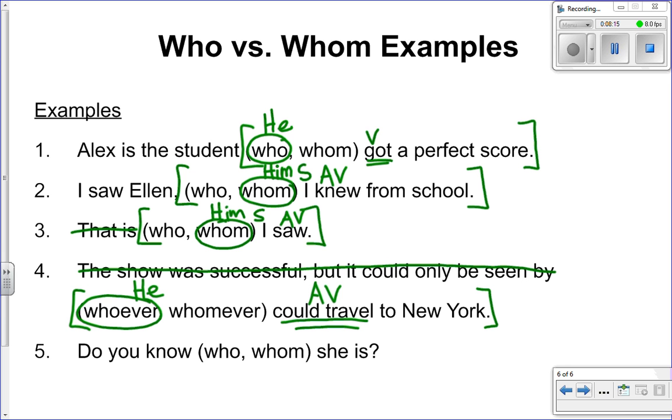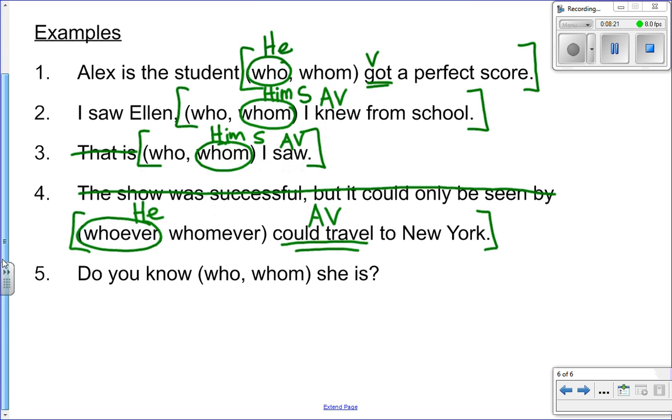All right, number 5, this one is a question. So when you have a question, you should rephrase the question as a sentence. So do you know whom she is? Actually, I'm going to isolate just the subordinate clause instead, whom she is. So in this one, if I look at how it's set up, my subject is she, my linking verb is.